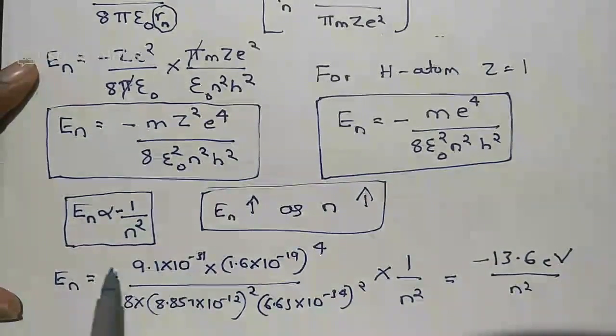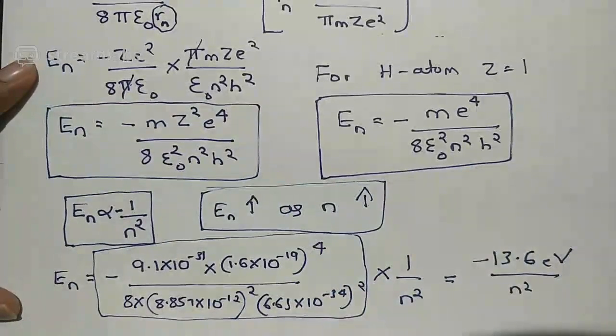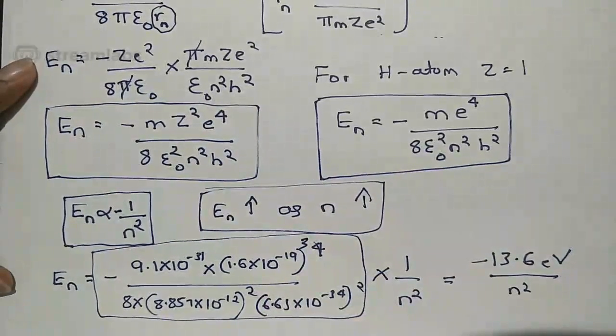Again, remember this answer you get in joule. You have to divide it by 1.6 into 10 to the power minus 19. That will be minus 13.6 electron volt by n square.